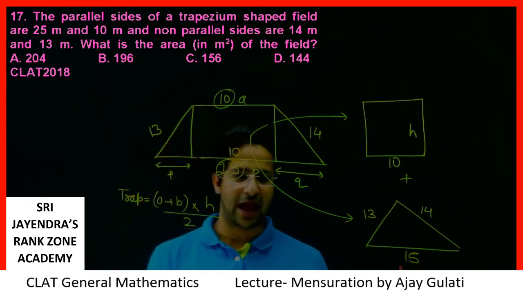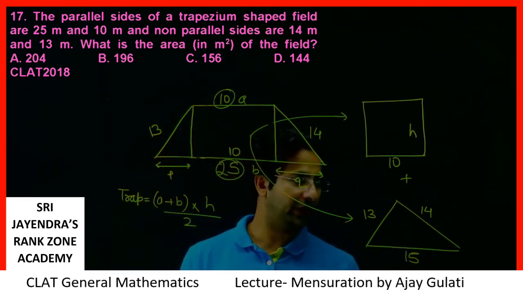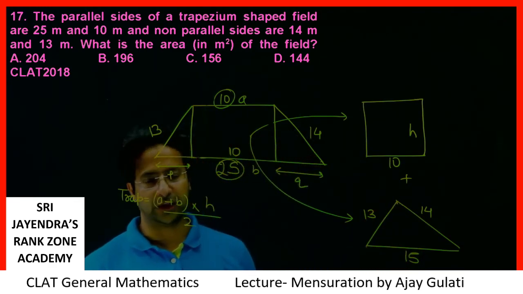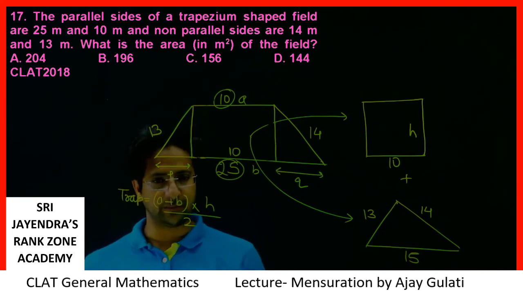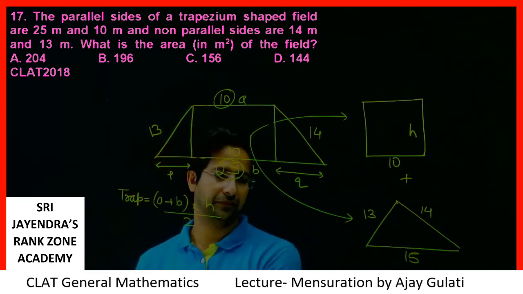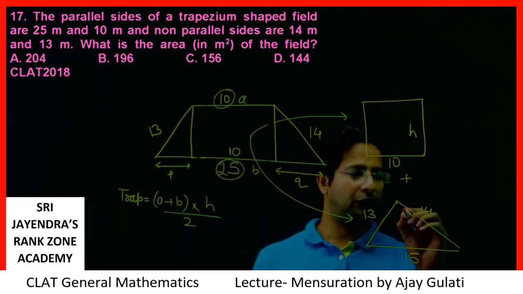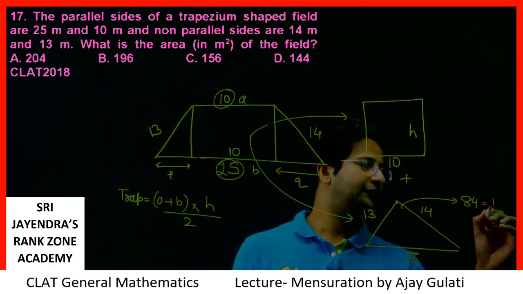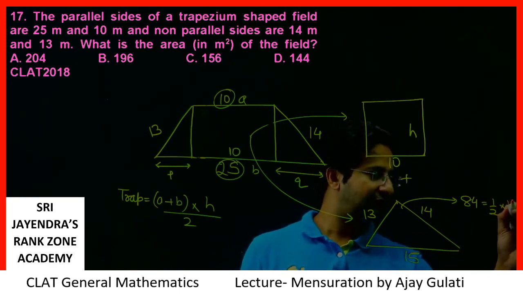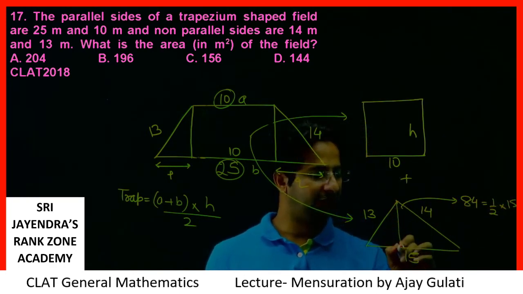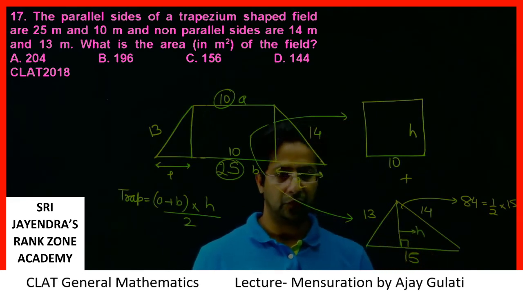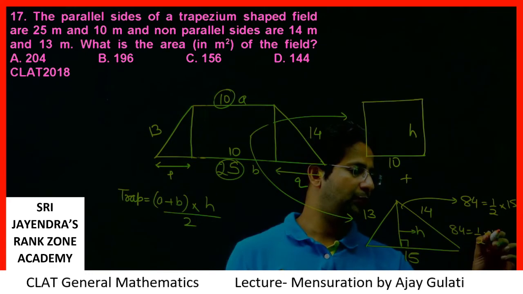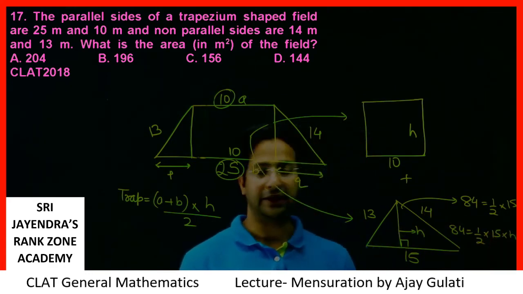Just a few minutes back we did this question. How did we do it? You remember? 13, 14 and 15, my dear students. The area of this triangle was 84. I can express this 84 as half into base into height, and this height is what I require. 84 is equal to half into base into height.